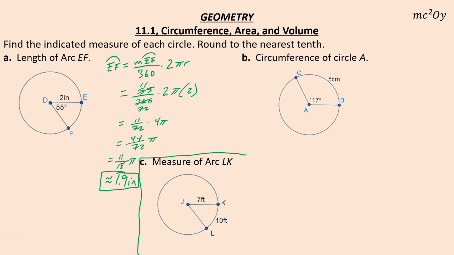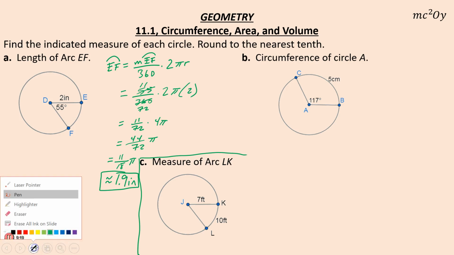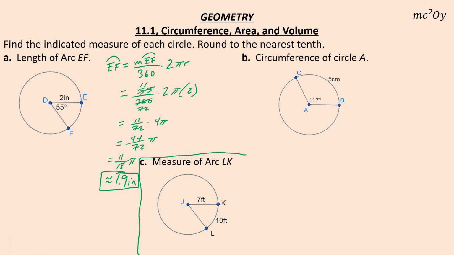All right. Notice we switch it up on part B. We actually want to find the circumference of the circle. Okay, so let's go ahead and change up our color here. And so we're using the same formula, however. So in this case, arc CB is equal to the measure of arc CB over 360.